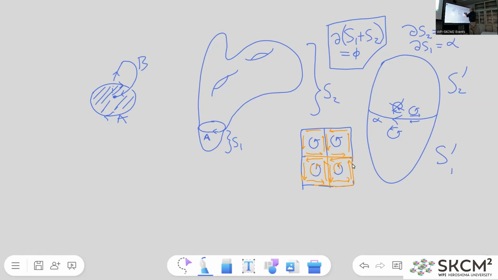And all the shared boundaries cancel, right? They're all just gone, and you're left with the boundary of, if you call these X, Y, Z, and W, and by the same algebraic convention, the boundary of X plus Y plus Z plus W is equal to gamma, where gamma is this curve that goes all the way around the outer boundary, right?